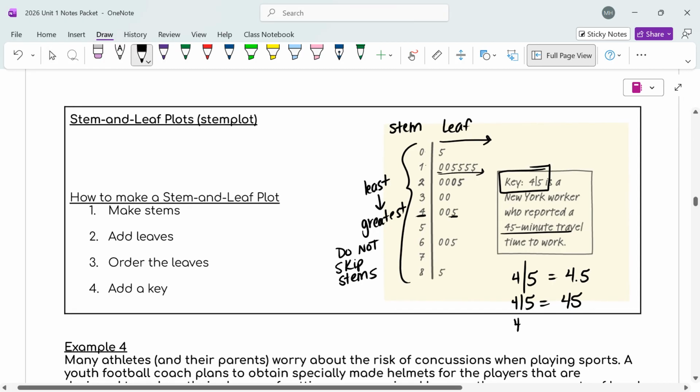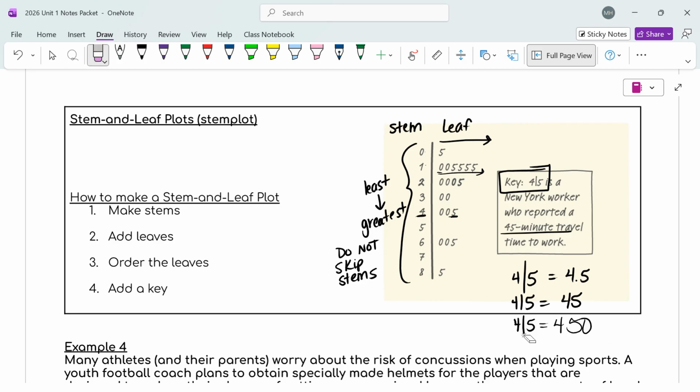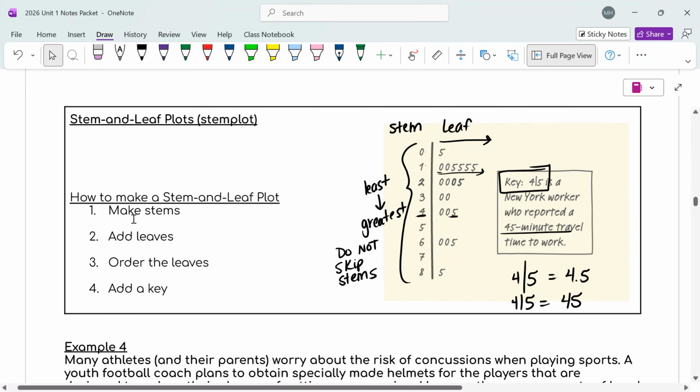Or for line 5 means 450. It's very important to have a key. So make sure you don't neglect putting a key on there. So you want to make the stems, add the leaves, order the leaves, and add a key.